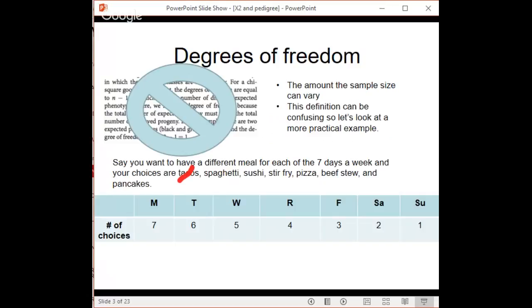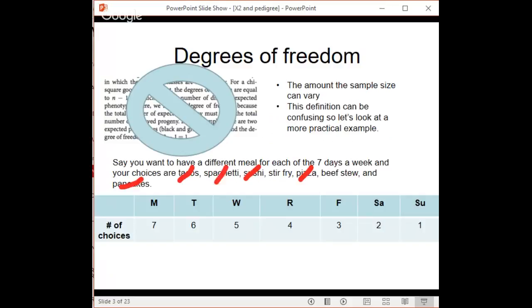You get to Tuesday, and you're left with 6 choices between spaghetti, sushi, stir fry, pizza, beef stew, and pancakes. And you choose sushi. So now sushi's off your list. Wednesday, you only have 5 choices, and you choose pizza. Thursday, you choose pancakes.